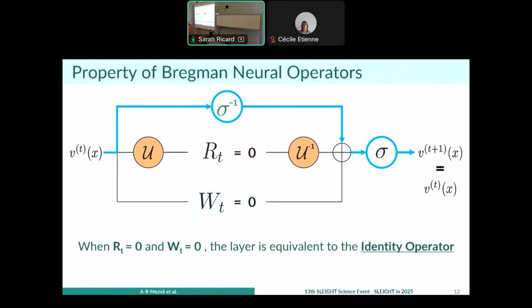So we said that when our layers are equal to 0, we are able to find the identity operator. If we have just the standard model, so we don't have this branch, and we want this layer to be equal to the identity, we'll need to find the correct coefficients in R_t and W_t to have the exact identity at the output.